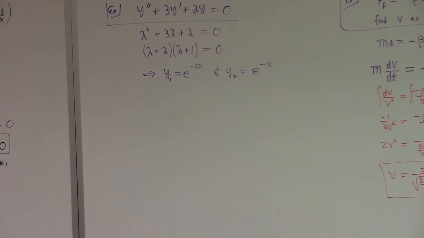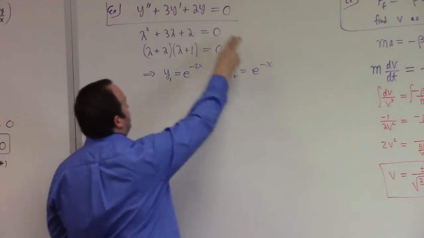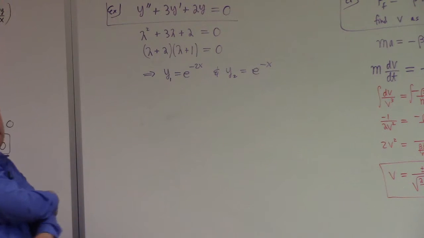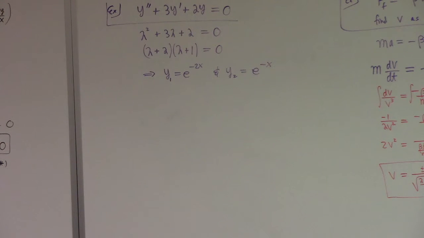And it's fun, you can go back, if you don't believe me, and check it. Plug in e to the minus x up here. What do you get? Y prime prime is e to the minus x, so you do two derivatives and you get back to e to the minus x again, right? And then you get 3 times the derivative of e to the minus x, which is minus 3e to the minus x. So I get 1 minus 3 plus 2, again 0.